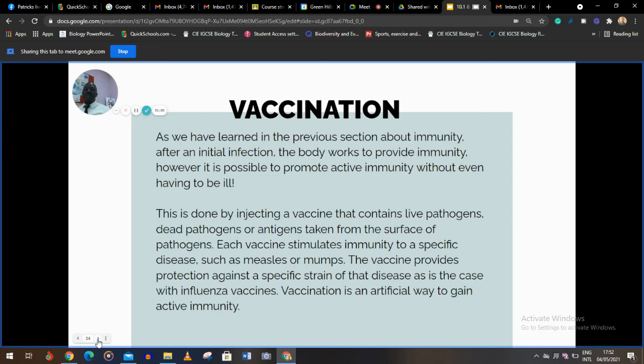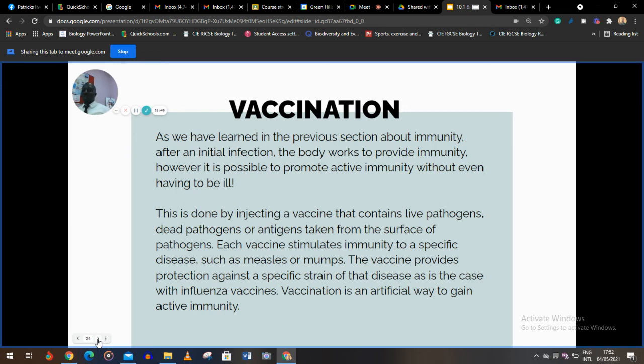Each vaccine stimulates immunity to a specific disease, such as measles or mumps. The vaccine provides protection against a specific strain of that disease, as is the case with influenza vaccines. Vaccination is an artificial way to gain active immunity.